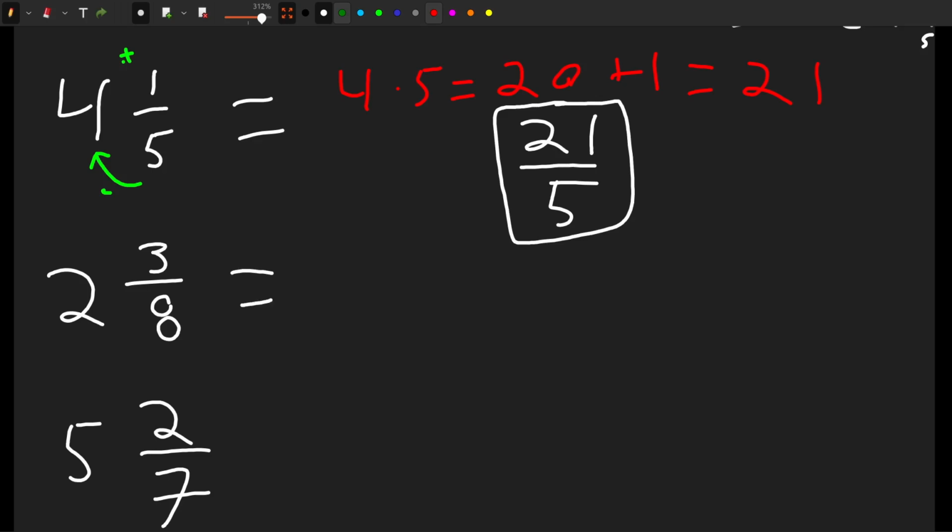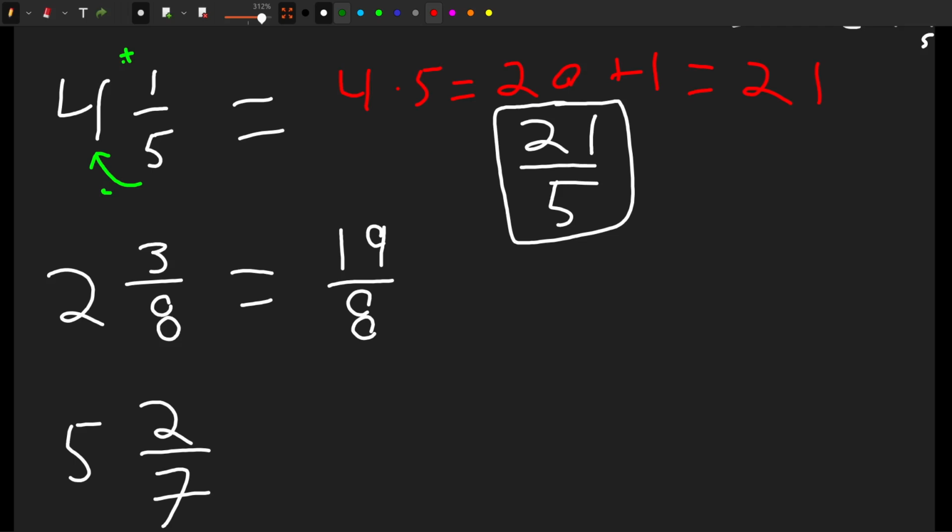Now we can do the same thing here. 8 times 2 is 16. Plus the 3 now, we get 19. And so we are left with 19 over 8.